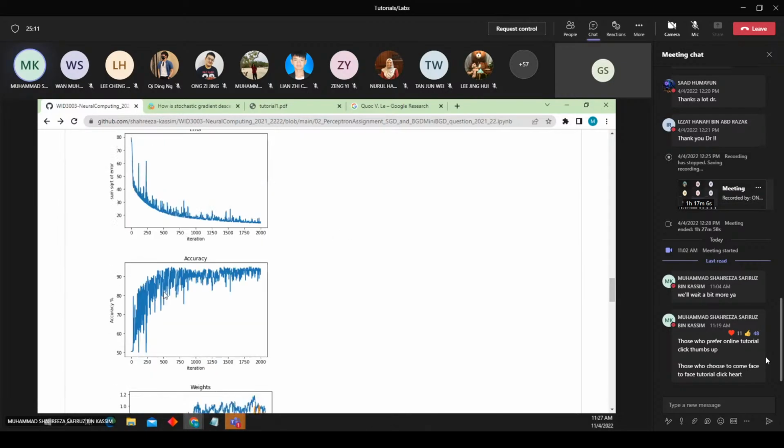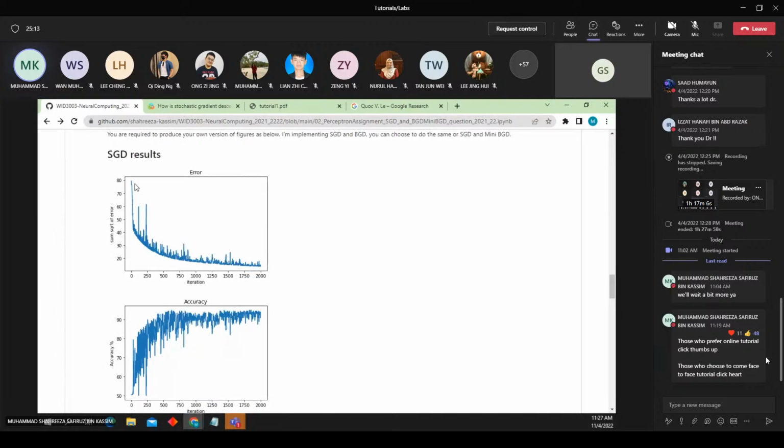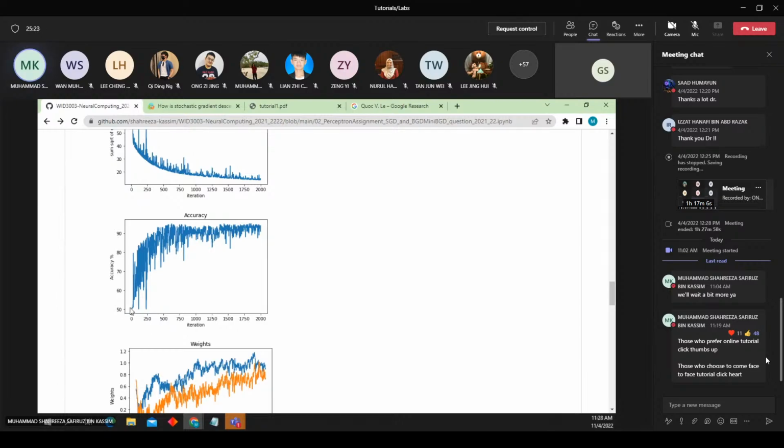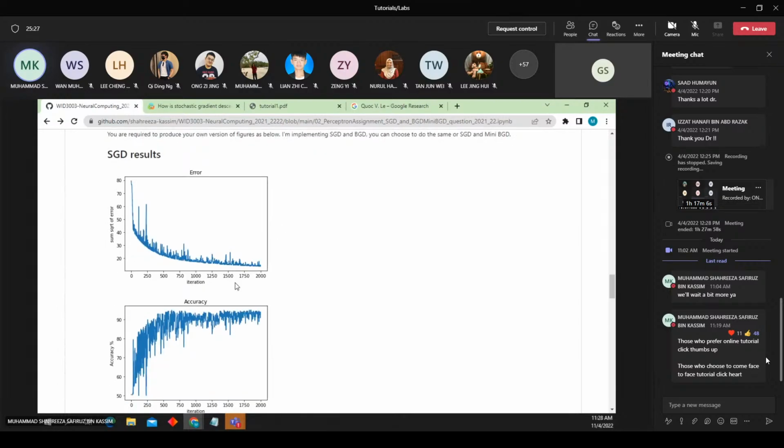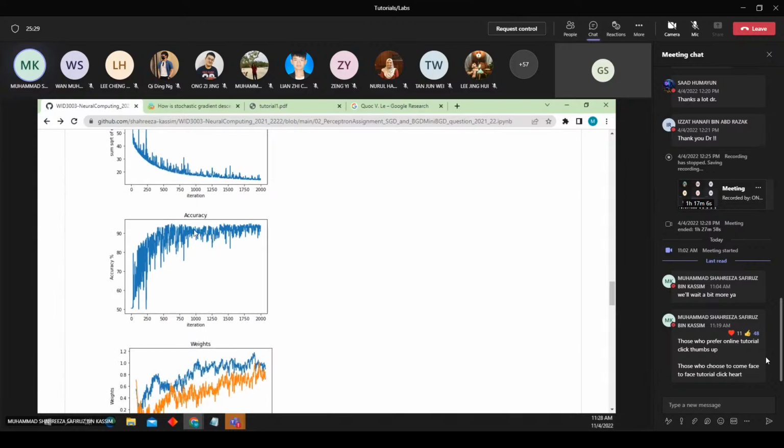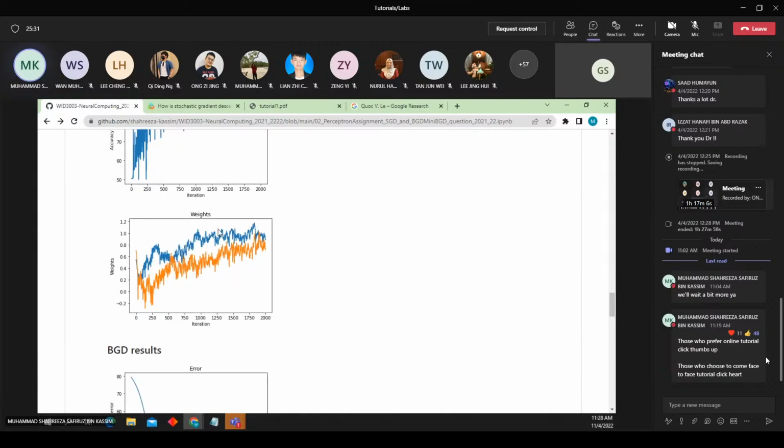You have to show how the error changes while the algorithm is learning from the data. The accuracy is, of course, the inverse of the error, so it kind of saturates here. Then you have the weights, how they are changing.